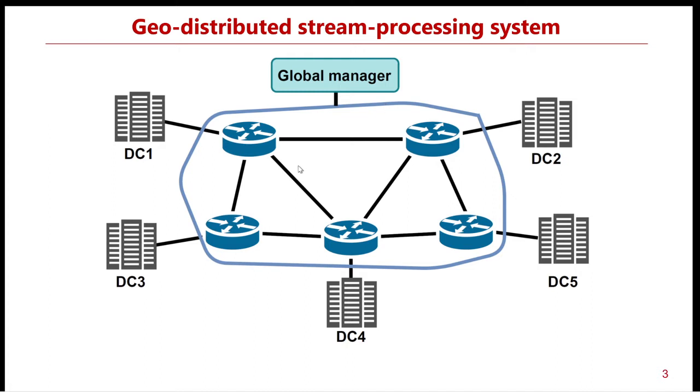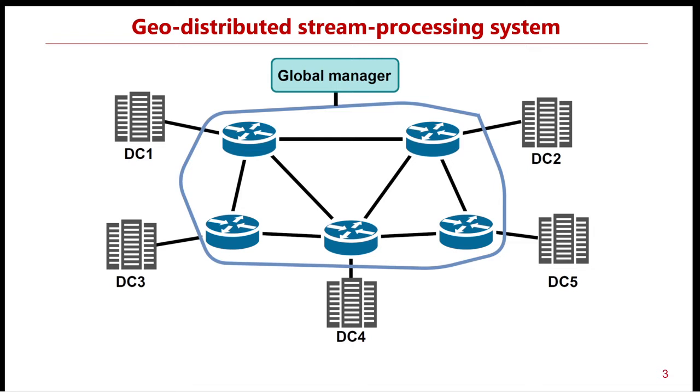There is a global manager and 5 data centers that are connected to each other through WAN links. Each link has diverse properties such as delay, latency, and cost. And there are some applications and frameworks that can process the incoming data from the users on top of these systems, such as Apache Spark, Apache Storm, and Apache Flink.